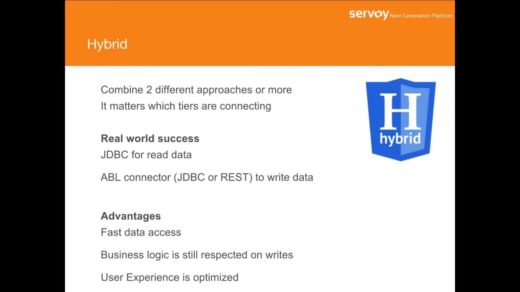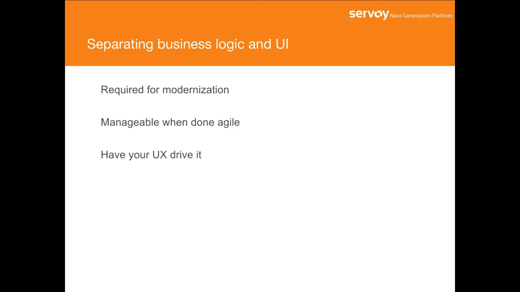Maybe in some specific cases, but very often we see very high performance if you select directly from tables for read operations, and then if you go back to update and insert, you use the ABL connector to connect to your business logic without having to rewrite it. And that really gives you a good user experience, because you get better performance, and better performance means that you can deliver a better experience to your end users.